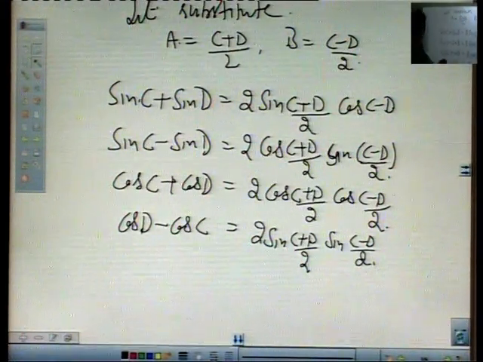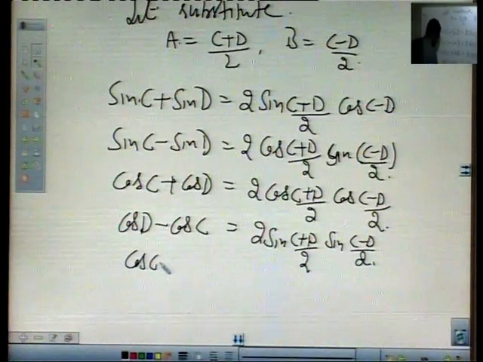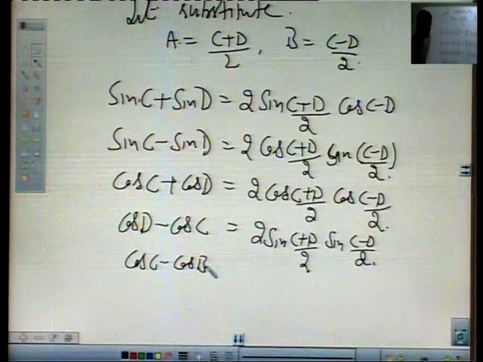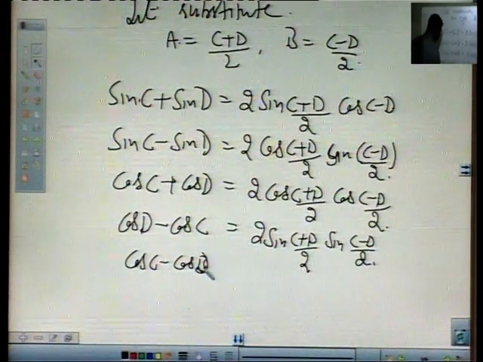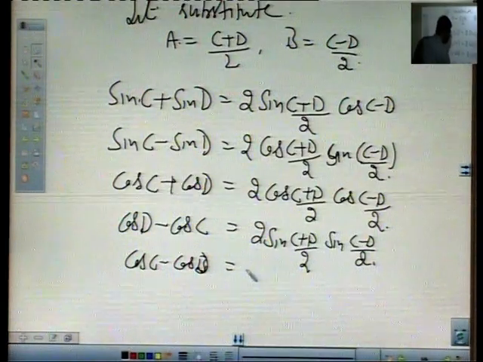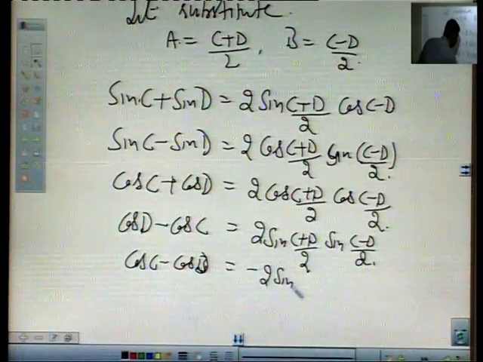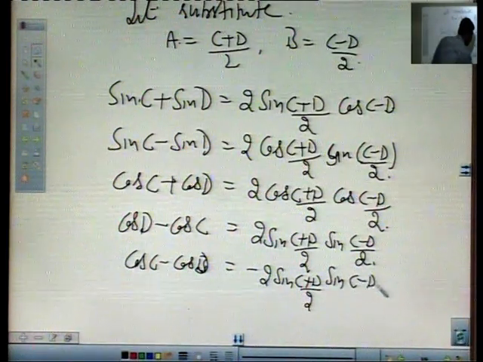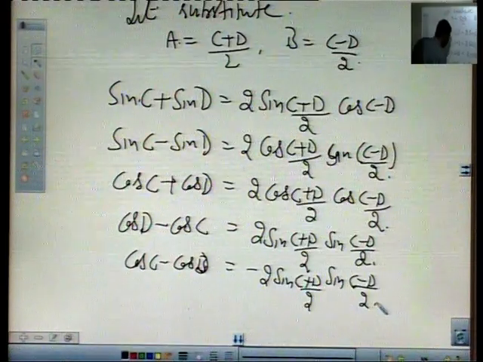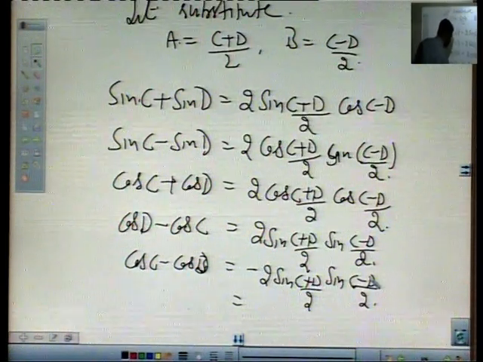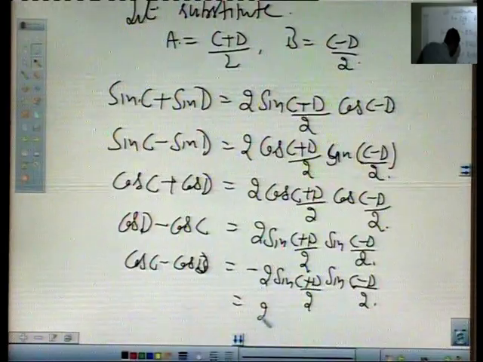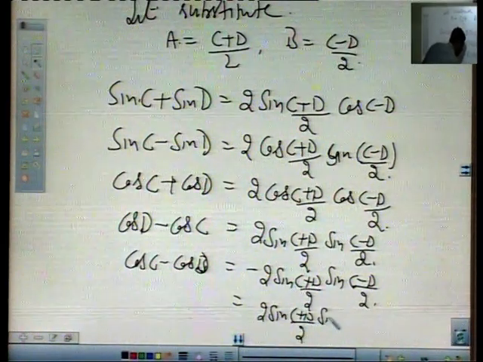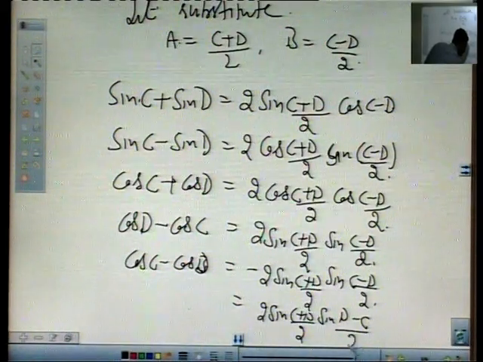Or you can write it by taking minus common, cos C minus cos D is equal to minus 2 sin C plus D by 2 sin C minus D by 2, or you can adjust this minus sign within the angle: 2 sin C plus D by 2 sin D minus C by 2.